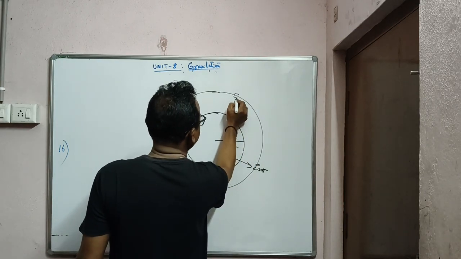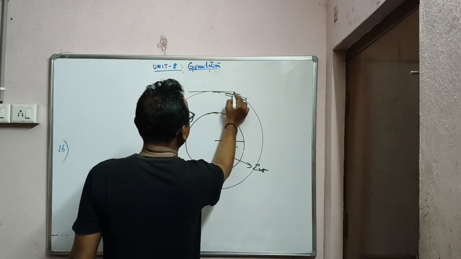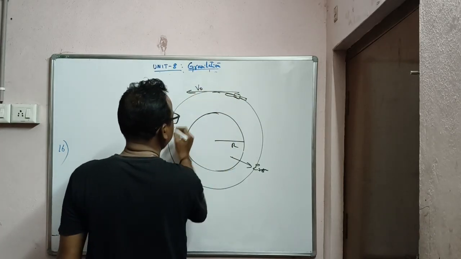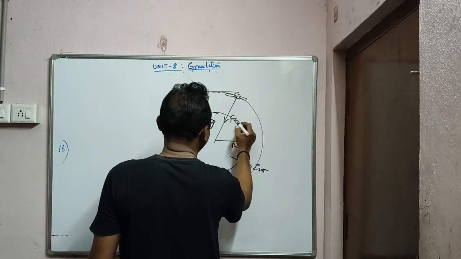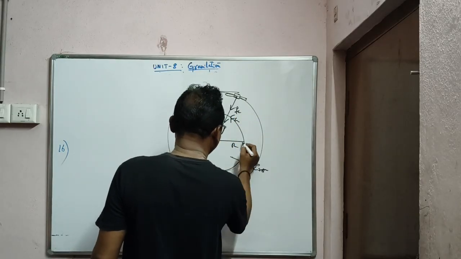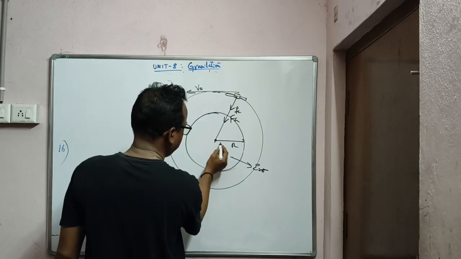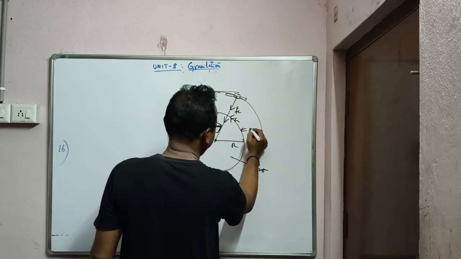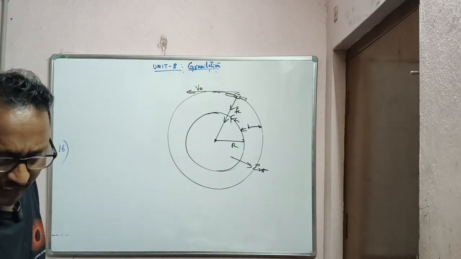Let this be a satellite, with horizontal speed v0, and of course gravitational force and centripetal force will be acting towards the center. Since it is very near, if this is R, suppose the height is H, it becomes R plus H, or you can take it completely as R.